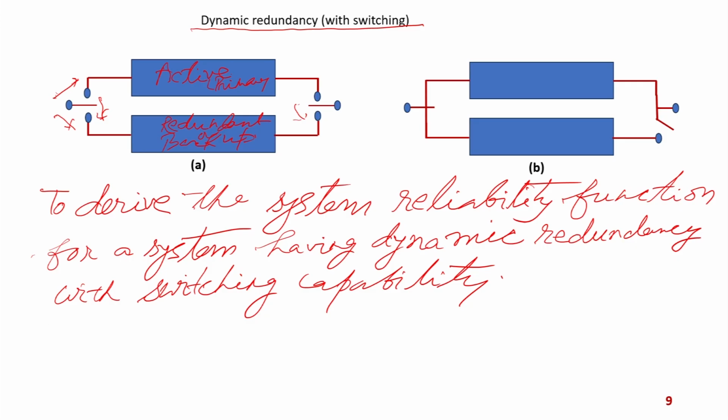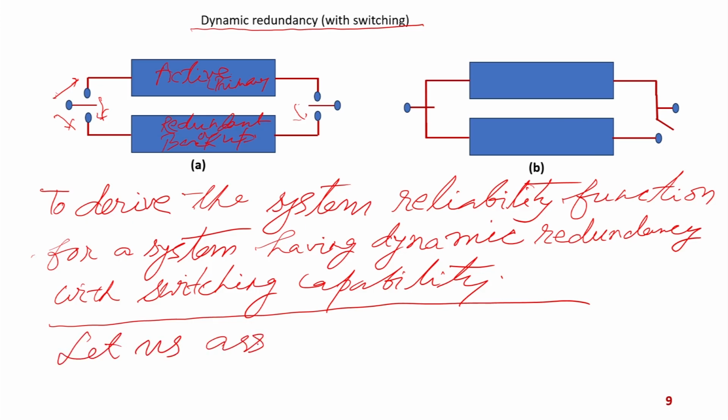So, we will assume a few points to simplify the first cut of the derivation of the system reliability. Let us assume that point number 1: we will consider two units.